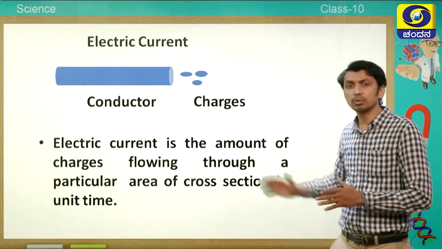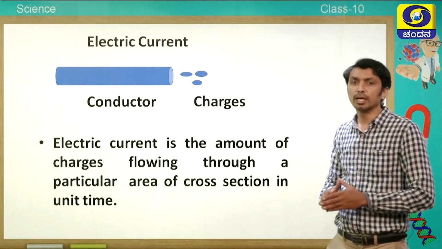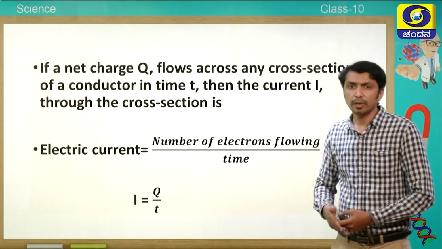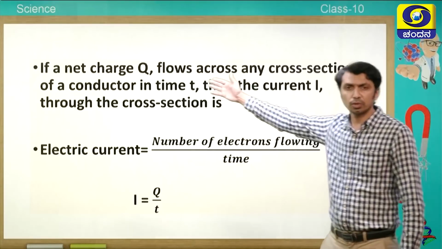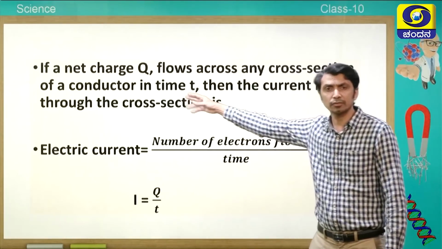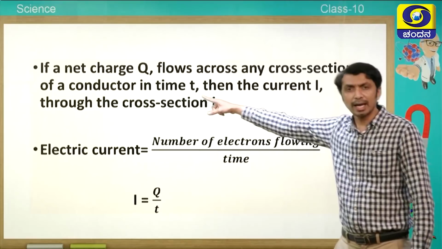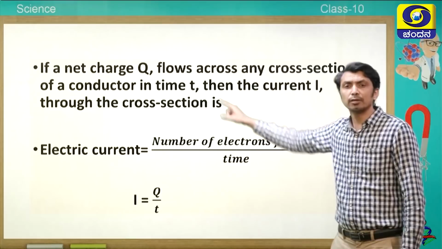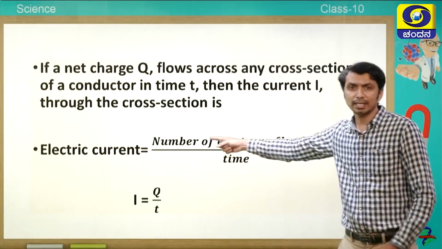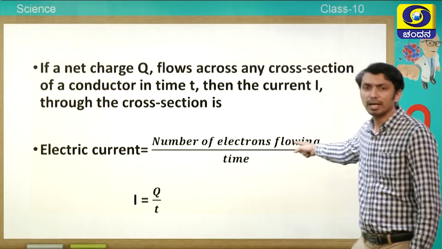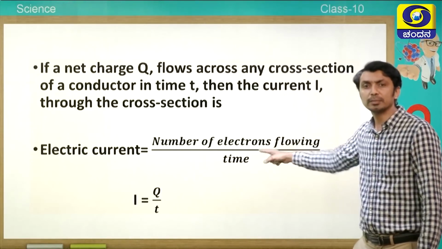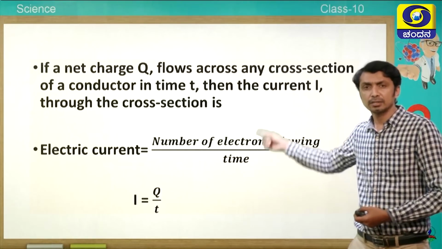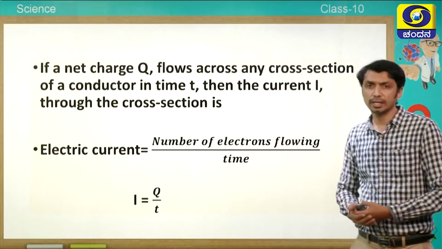Electric current is the amount of charge flowing through a particular area of cross section in unit time. As you can see, if the total charge that has passed through the area of cross section is Q and the time that we have considered is T, then we can calculate the electric current as the total charge in unit time.